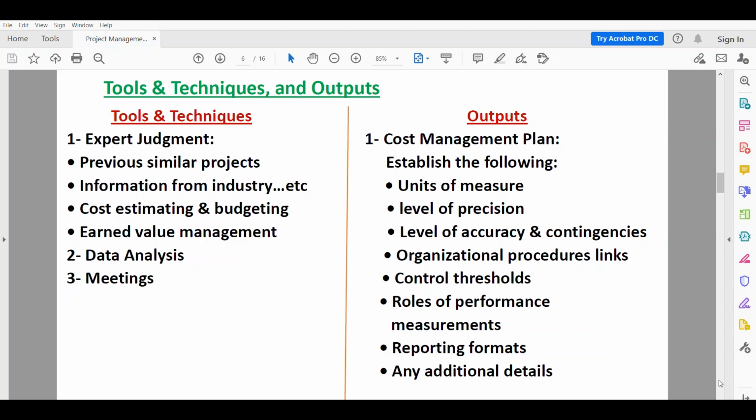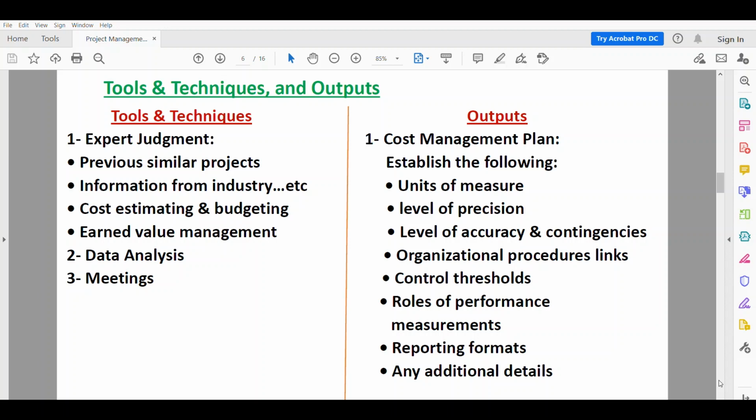It can also include consideration of ways to acquire project resources, such as making, purchasing, renting, or leasing. These will affect the cost of the project, whether you buy or rent, or have something internal to the company. Meetings, we talked about this one before.